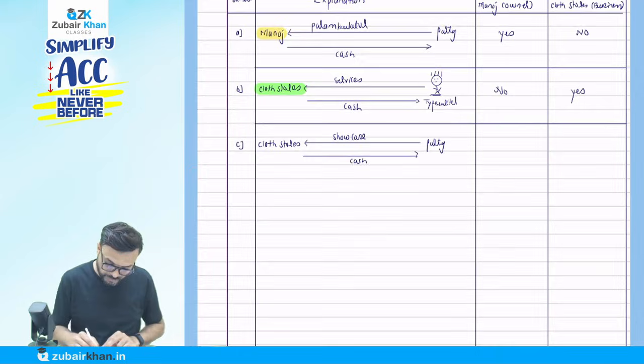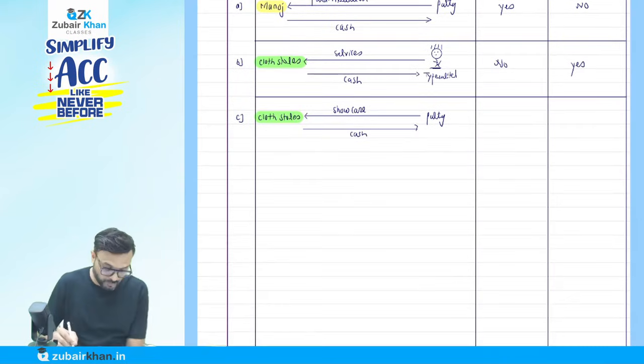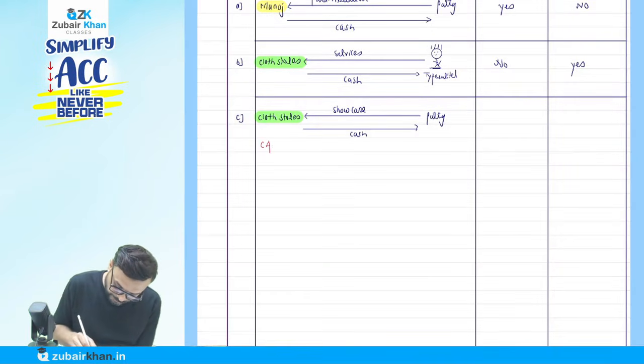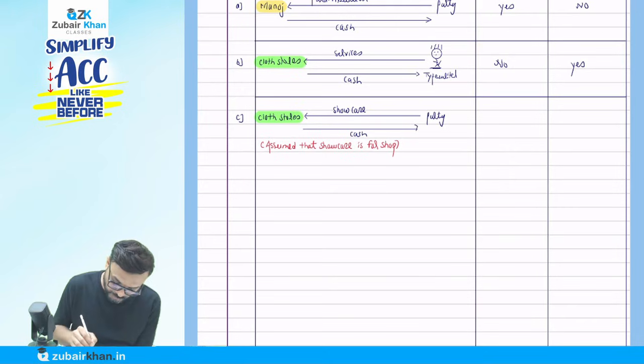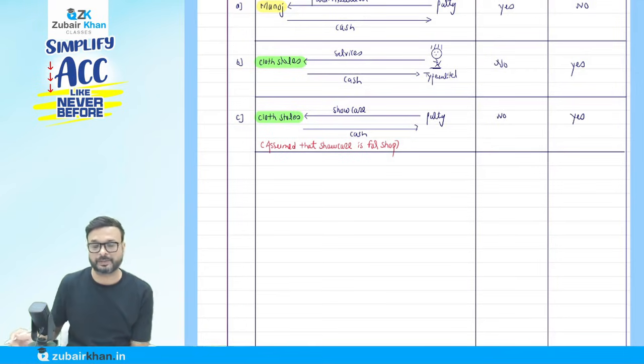So we involve the cloth store, and we assume that they purchase the showcase for business use. Write down one note there: assume that showcase is for shop. So no in the books of Manoj, yes in the books of the business.